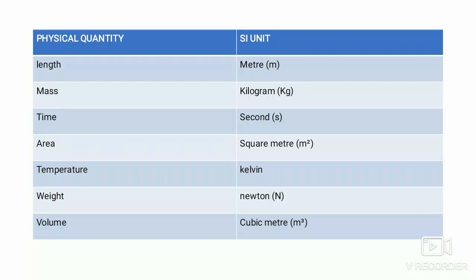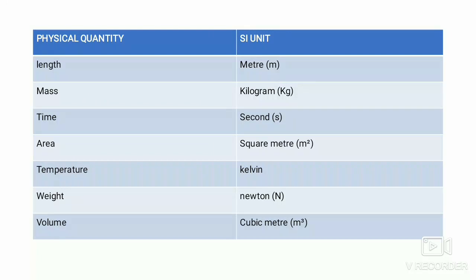The physical quantity length has SI unit meter, denoted by the symbol m. The physical quantity mass has SI unit kilogram, denoted by the symbol kg. The physical quantity time has SI unit second, denoted by s.